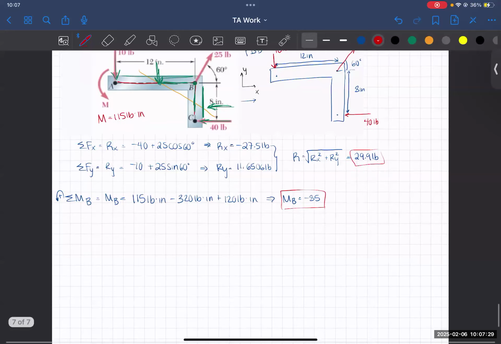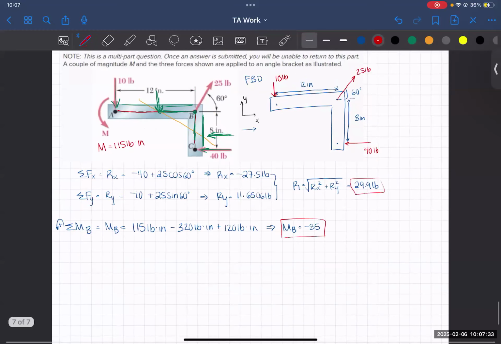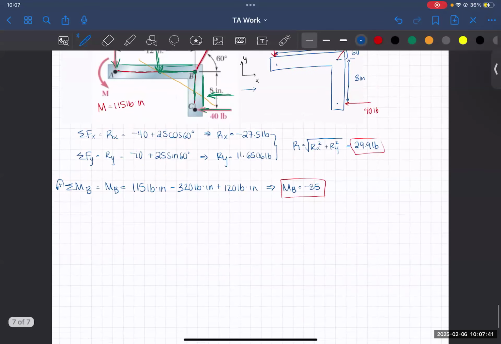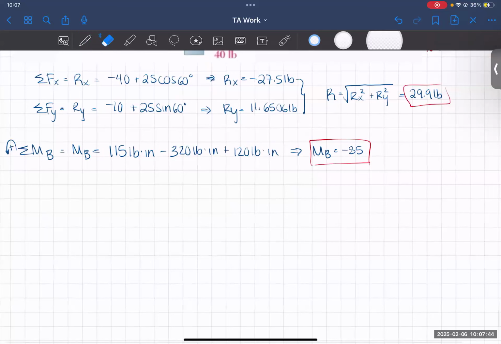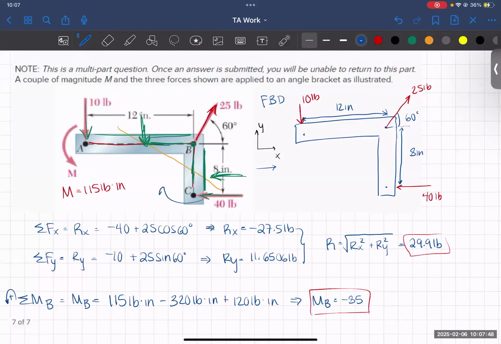Now in order for this to be in equilibrium, we know there's no moment generated at point B from this force because it goes along the line of action. So we have to have the same moment going this way and this way.